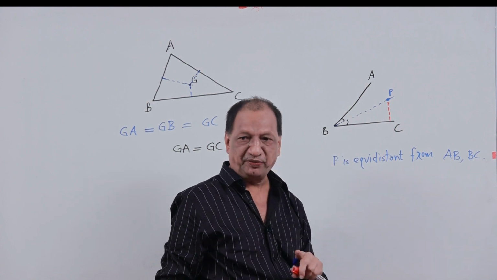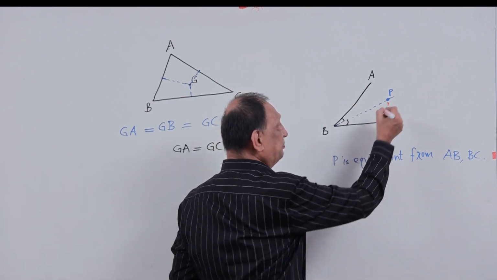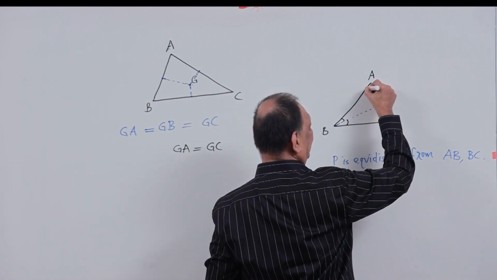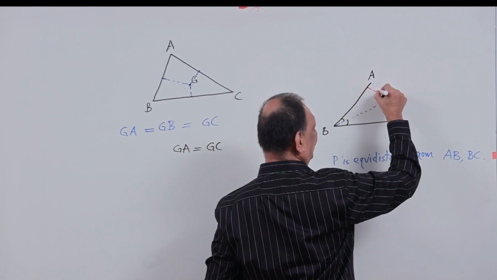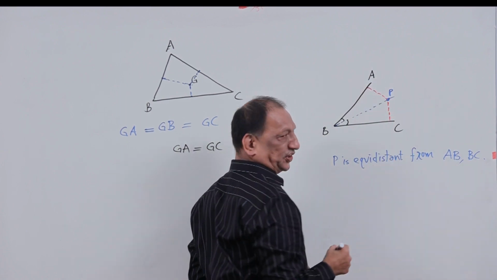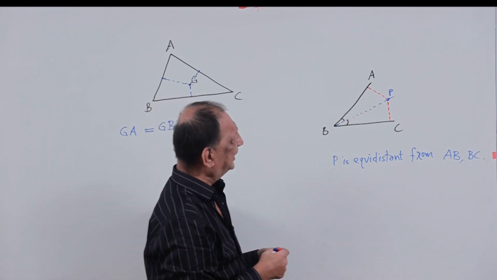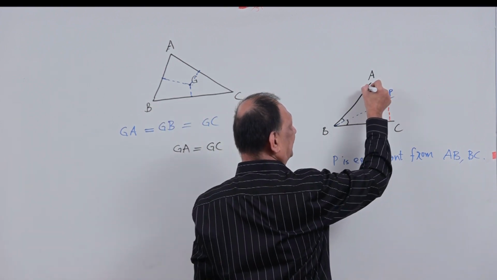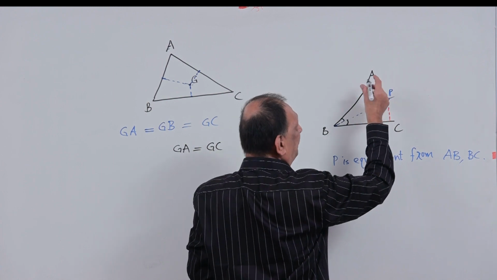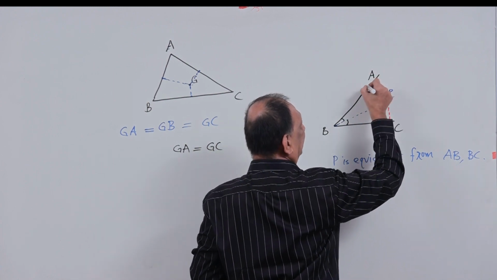Now, the theorem or lemma is, any point on the angular bisector, it is at the same distance, perpendicular distance from the two lines. So we can give a couple of names, or you can call this itself is point A if you want, or I can give a name to this.